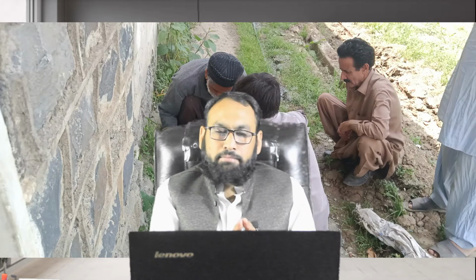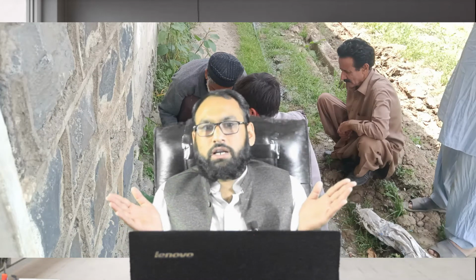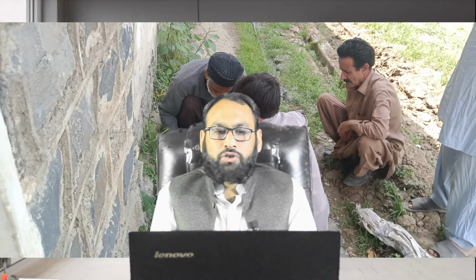Then we explored the pipe, the water supply line, and we removed all the old pipes and replaced them. As you see in the picture, we replaced these HDPE pipes and some galvanized iron pipes, and we also diverted the flow of water from our project. So these are the points which must be in your knowledge.